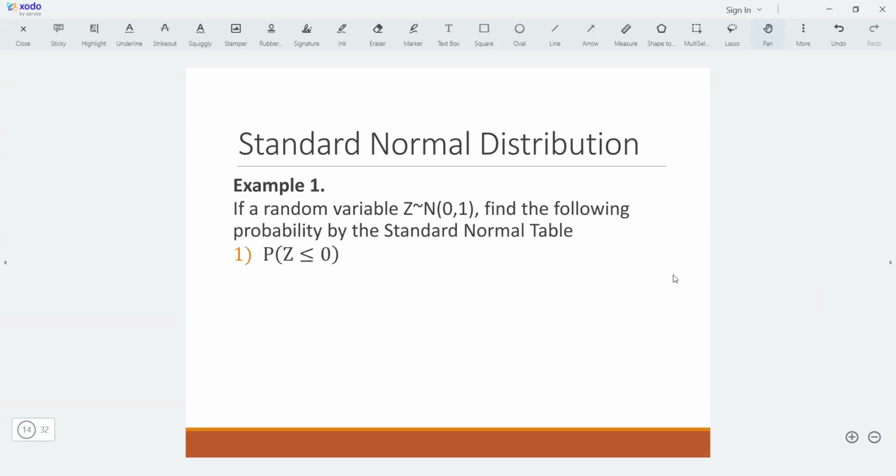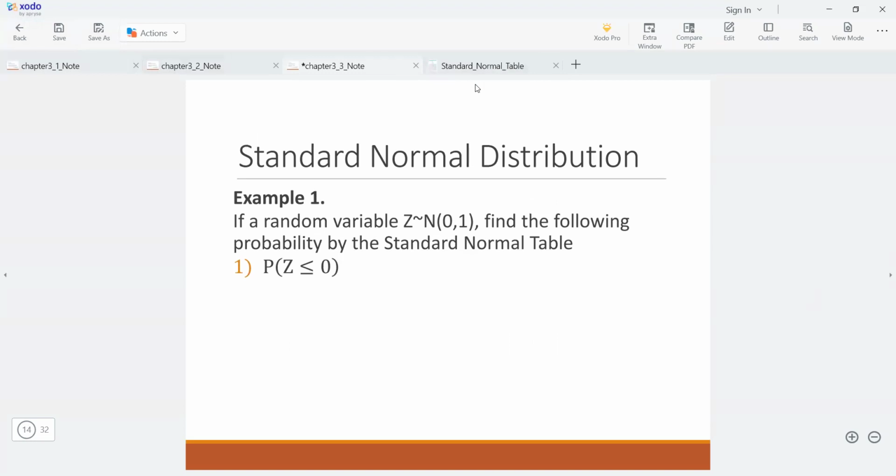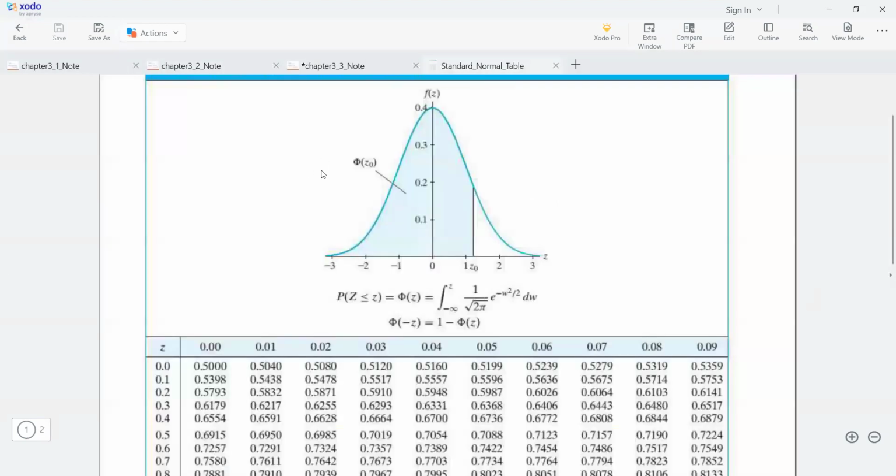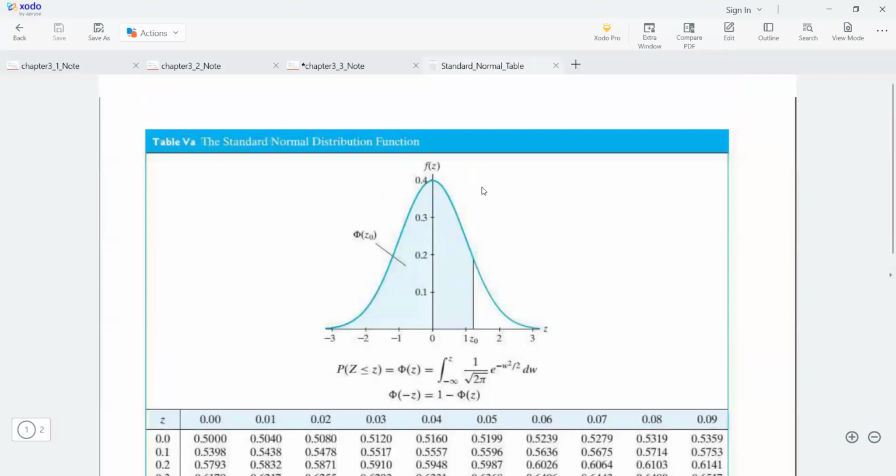For the first example, we try to find the probability of a random variable Z smaller than or equal to 0. In the appendix of a probability and statistics book, we can find the standard normal table. Many places also call it the Z table because we normally use Z for the standard normal distribution.